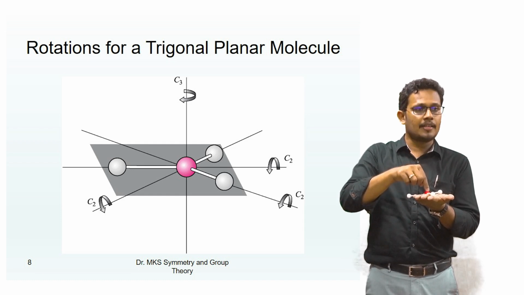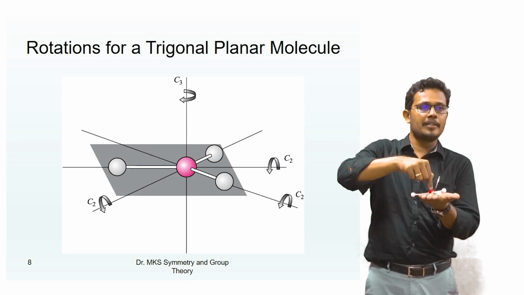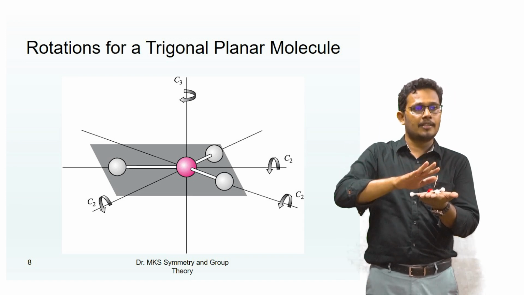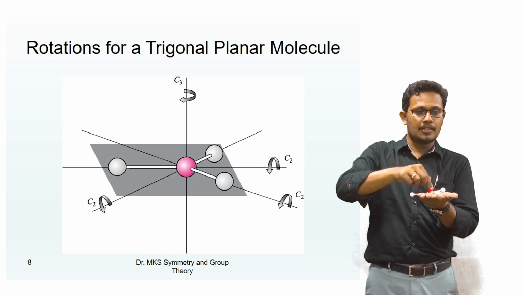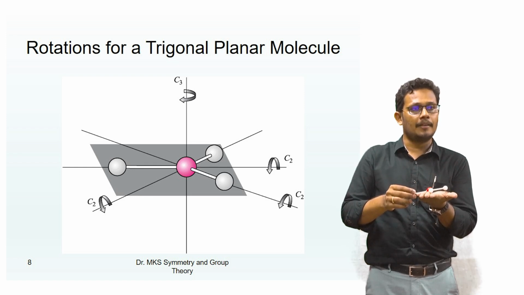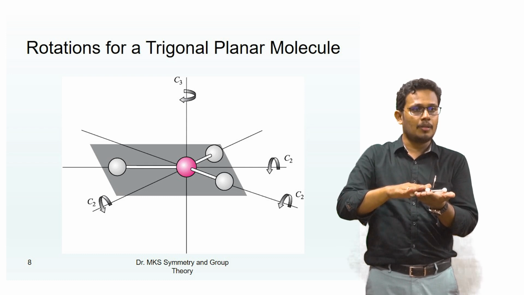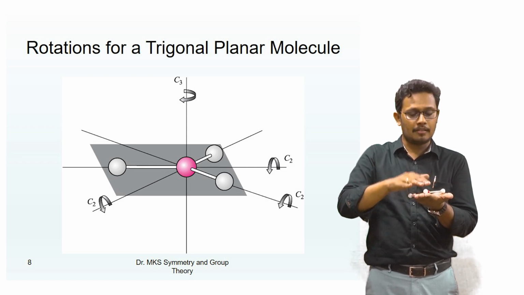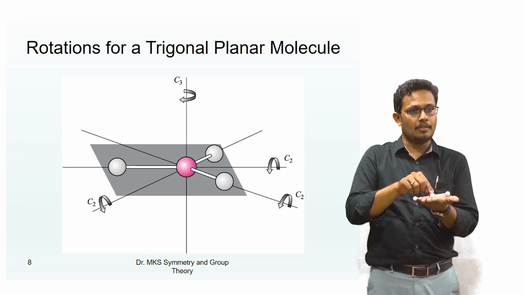A horizontal plane is a plane which is perpendicular to the principal axis. Here we have the principal axis, and perpendicular to it we have a plane, which is the horizontal plane. So any structure or molecule which is planar must contain a horizontal plane.